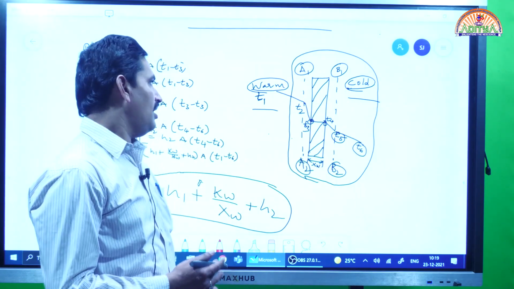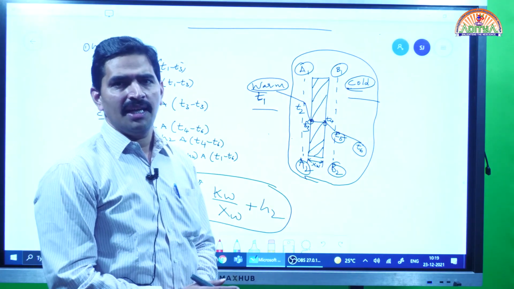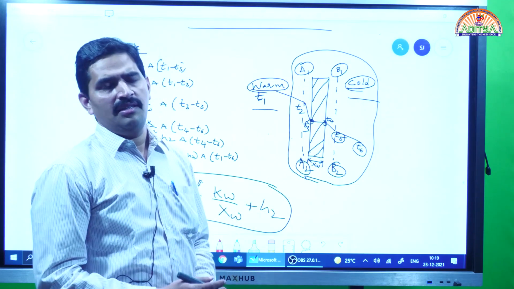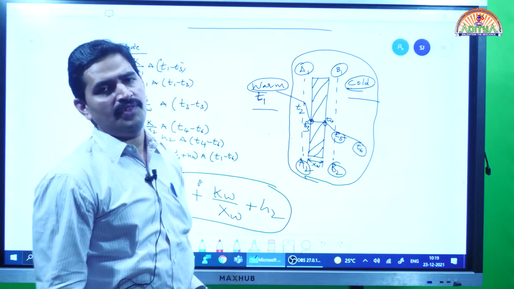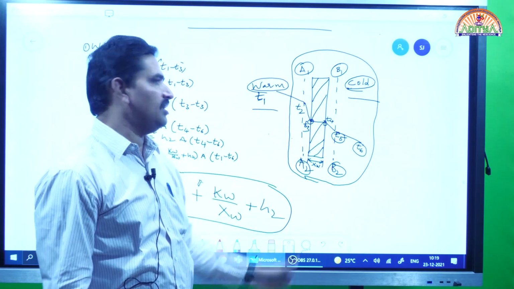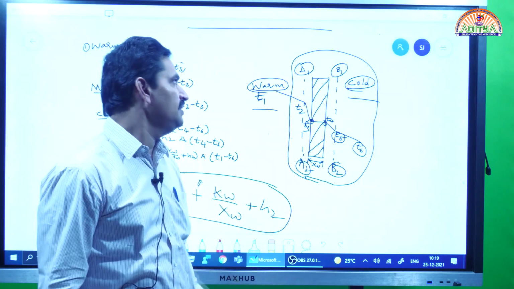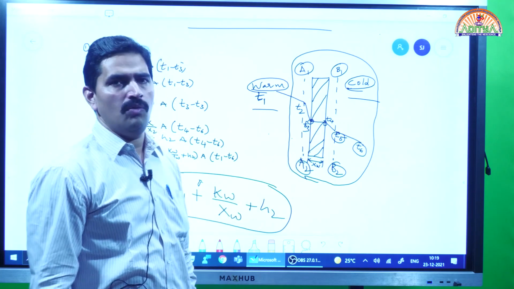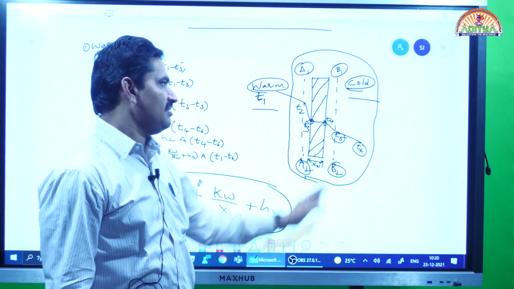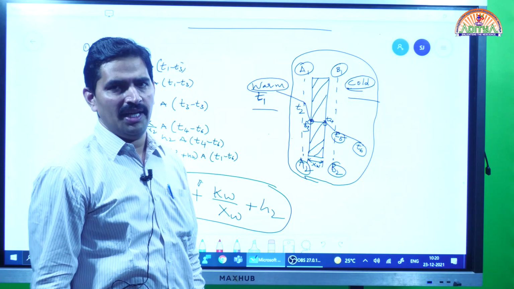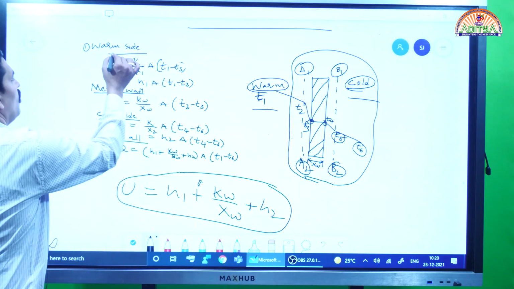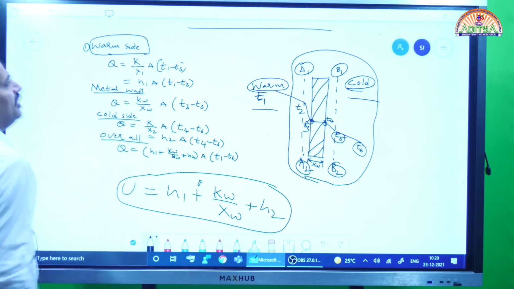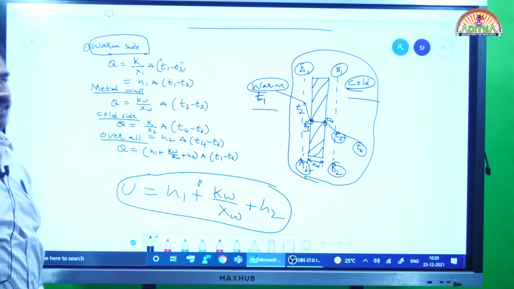So how do we write the rate of heat transfer through all these regions, that means the bulk of the warm water, the warm water film, the metallic wall, the cold water film, and the bulk of the cold liquid? Let us see how we can write the equation of heat transfer through the warm side.